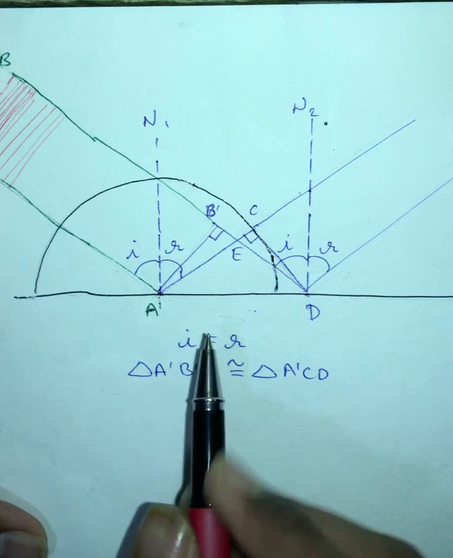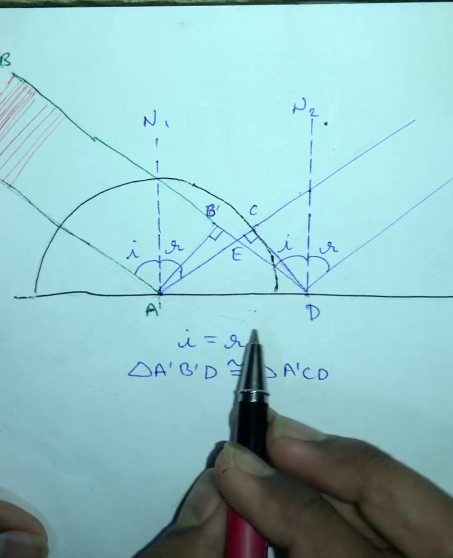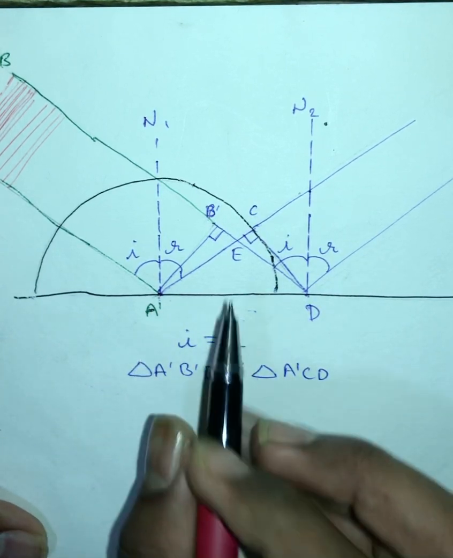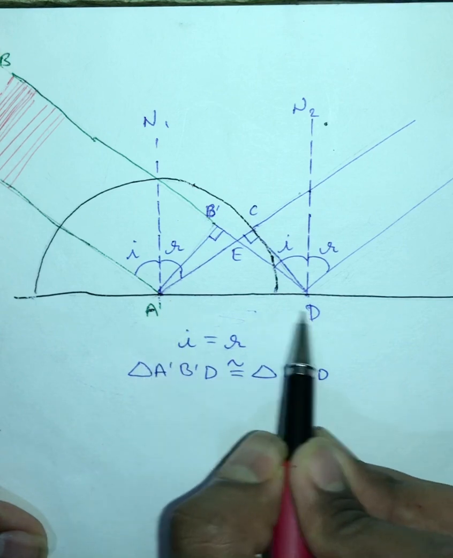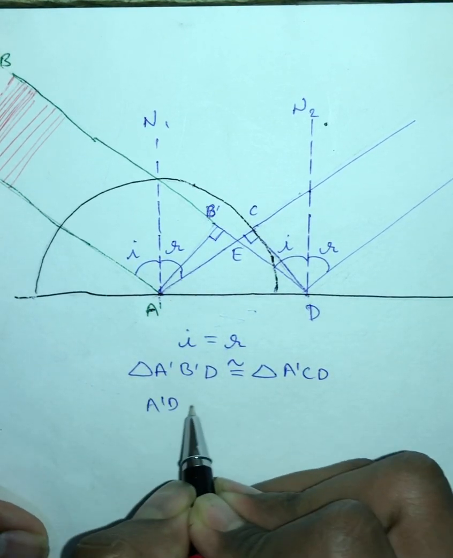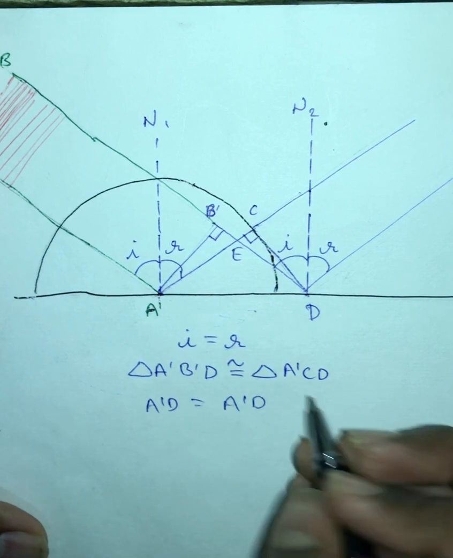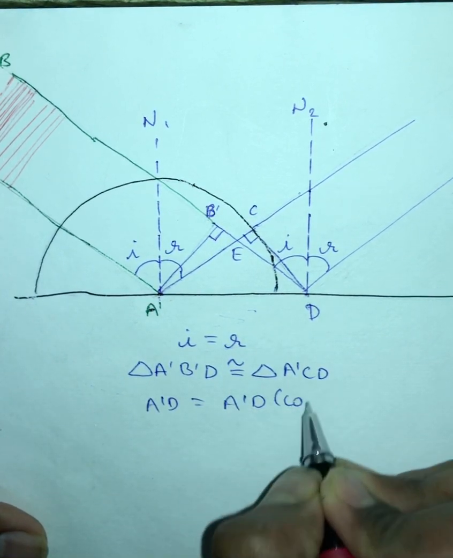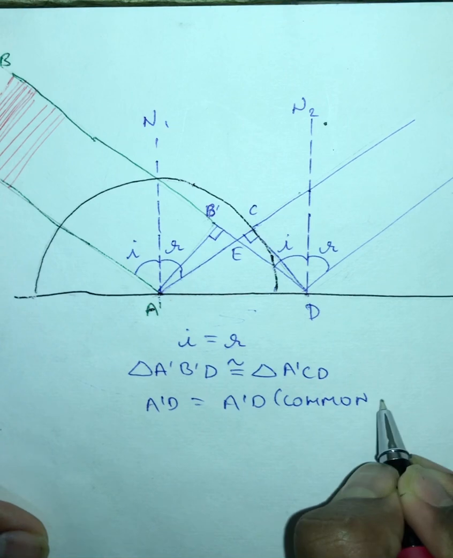Now for proving these two triangles to be congruent, there is one common side which you will observe over here, that A' D is common to both the triangles. Therefore A' D is equal to A' D, and the reason is the common side.